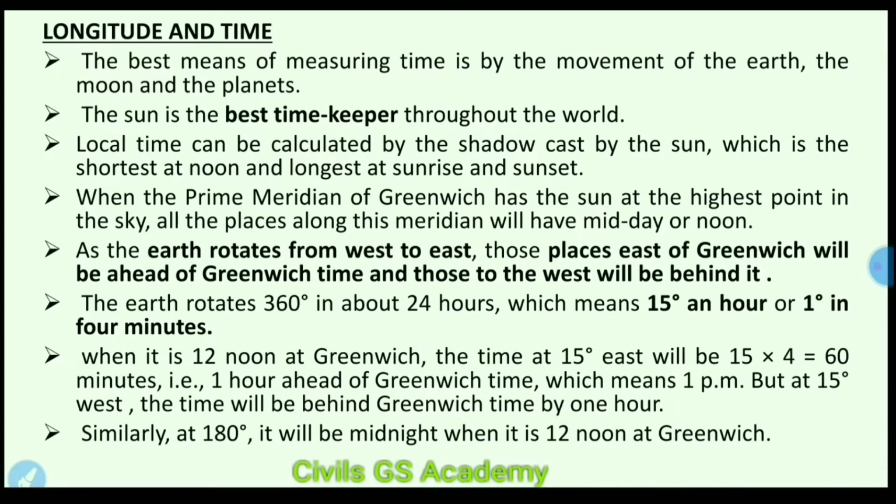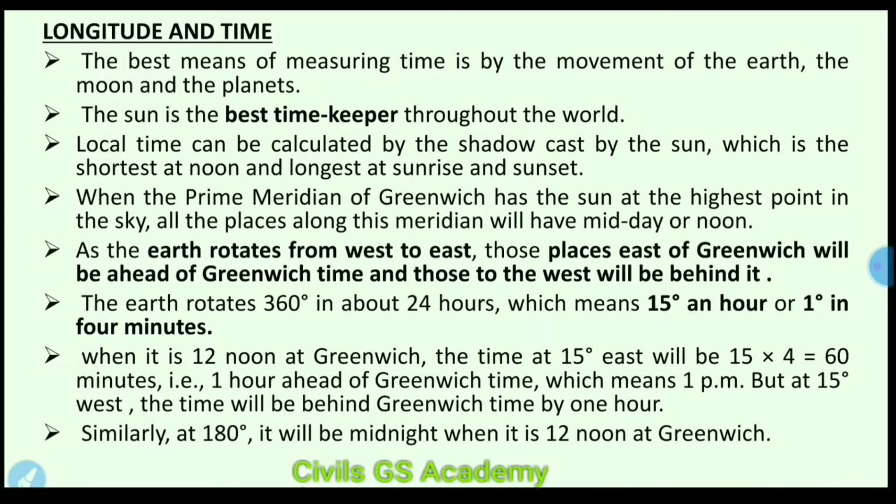Now let's discuss local time. Local time can be calculated by the shadow cast by the sun, which is the shortest at noon and longest at sunrise and sunset. When the prime meridian of Greenwich has the sun at the highest point in the sky, all the places along this meridian will have midday or noon, as the earth rotates from west to east.